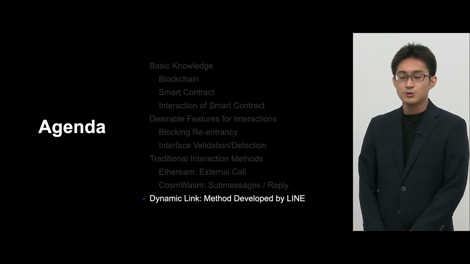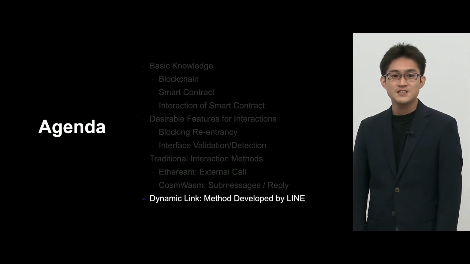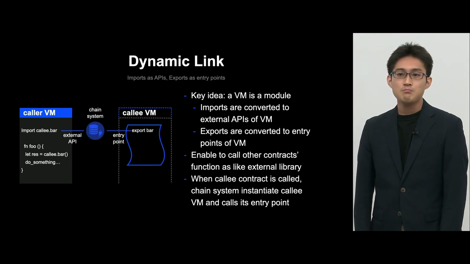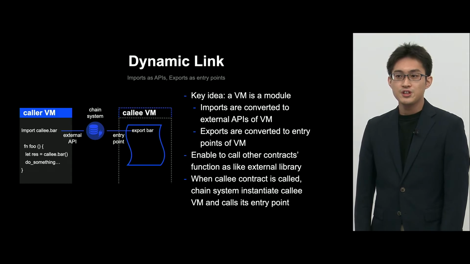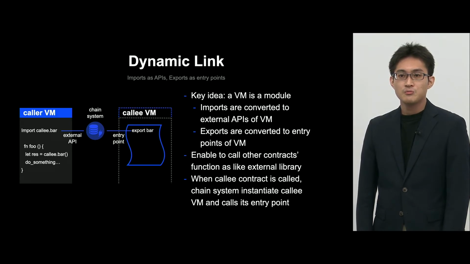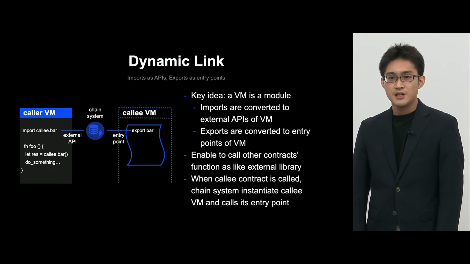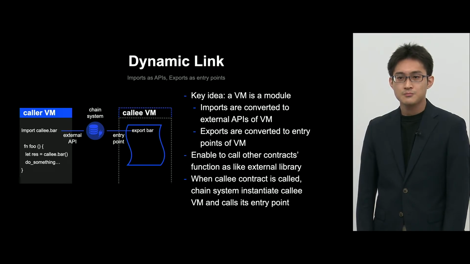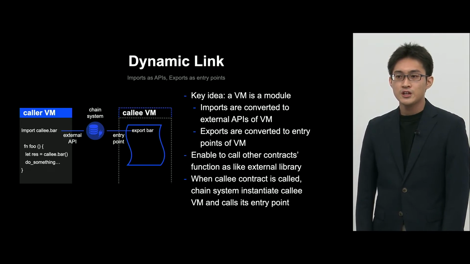Now I'd like to talk about the main topic of the dynamic link and what the method is and how we utilize the advantages of WASM. The key idea of the dynamic link is that WASM's import and export is converted to the virtual VM's API and entry point and mediates the chain system.